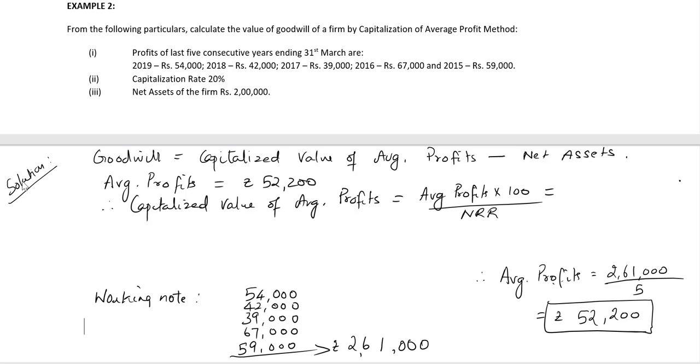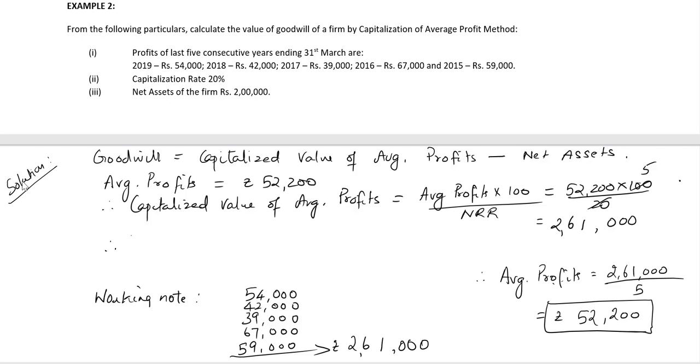So this is equal to 52,200 into 100 divided by 20. So it's 52,200 into 5, which is 2,61,000.